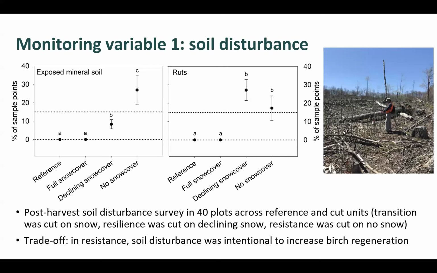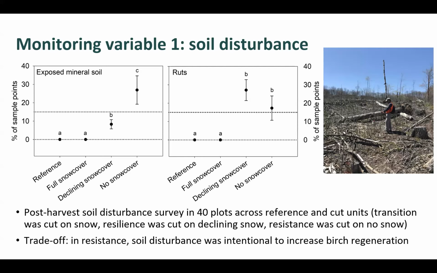And what I'm going to call attention to here in terms of climate adaptation, this is more than just about types of monitoring you might consider. This is about research and about learning things too. And I think it's important to note that in some cases, your monitoring might reveal trade-offs. So soil disturbance matters for a whole variety of reasons, and we generally think of it as a negative thing. Certainly if you're concerned with water quality and you're anywhere near a riparian zone, you want to avoid soil disturbance.